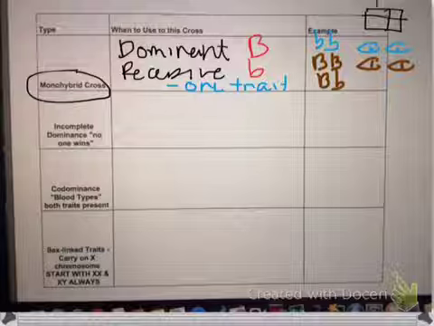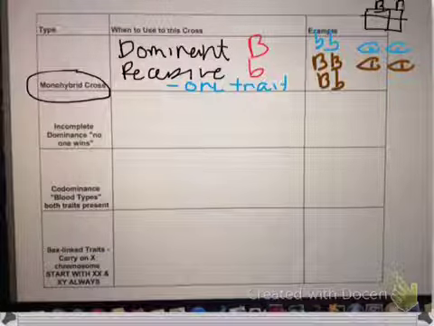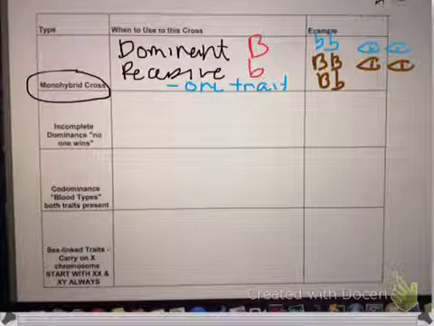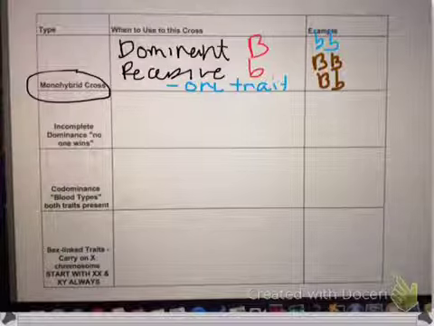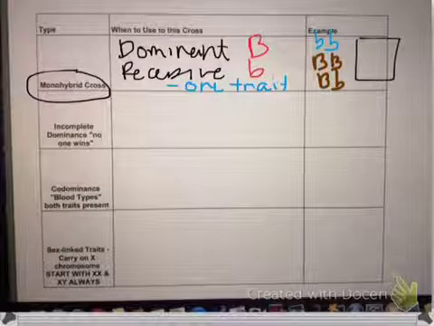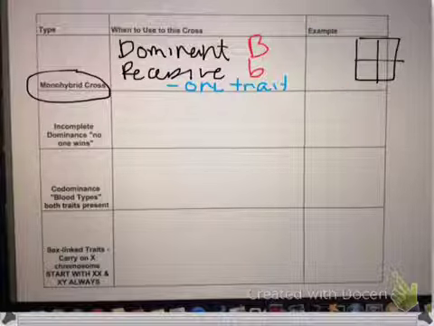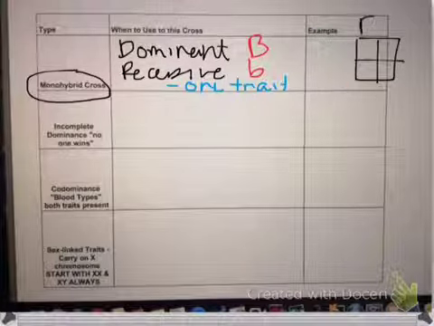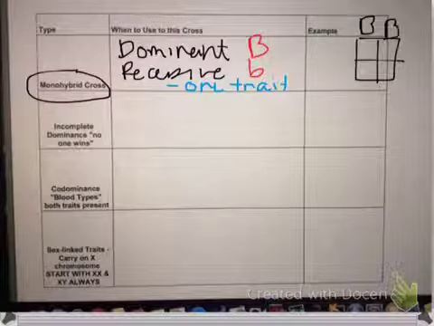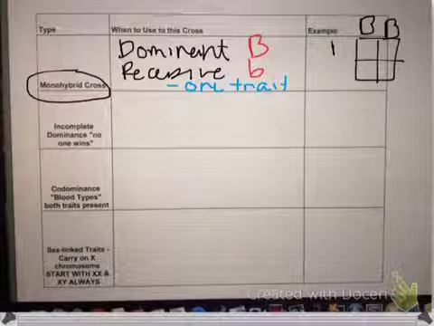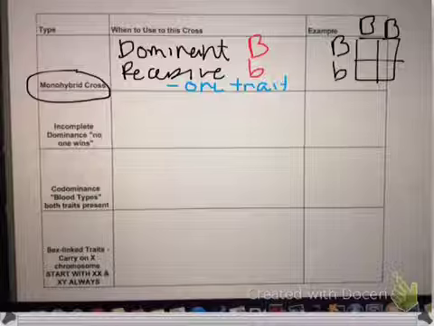If we did a cross and we had somebody with, oh, that's going to be really tiny. Hold on, let me get rid of these. All right, so if I did a cross, and I had a big B and a big B, and someone who was heterozygous.